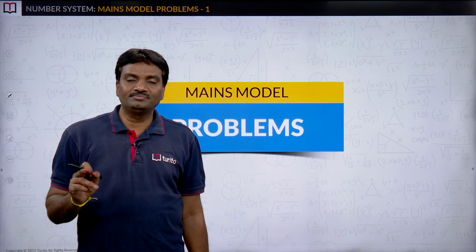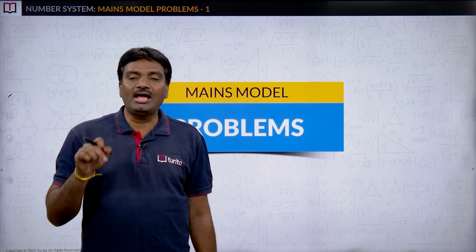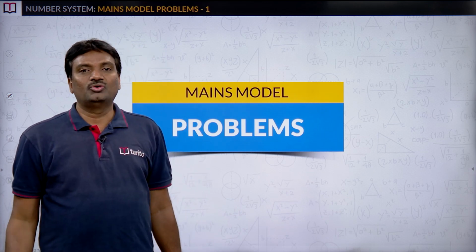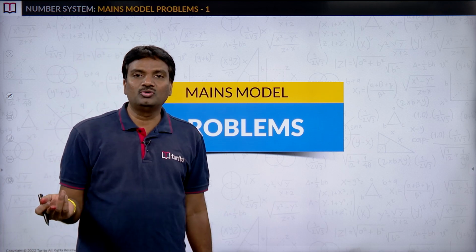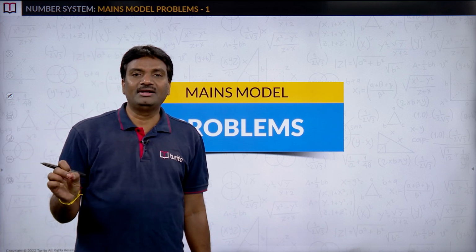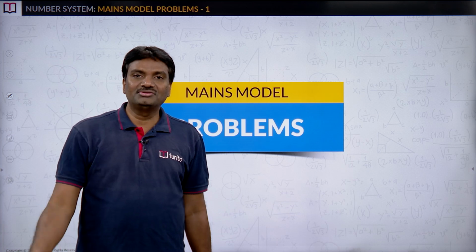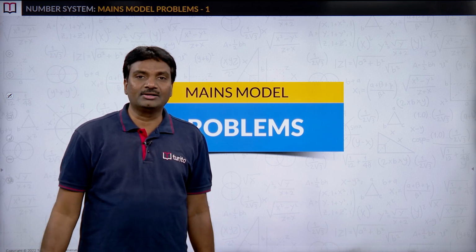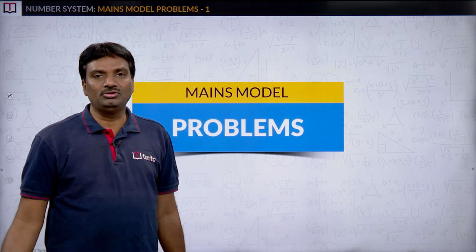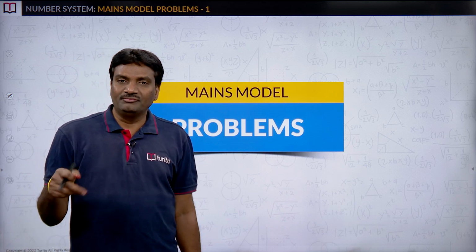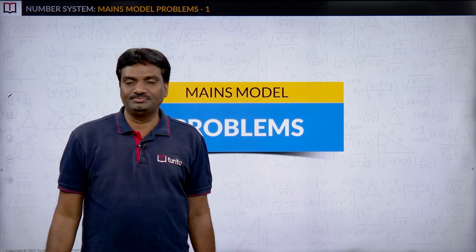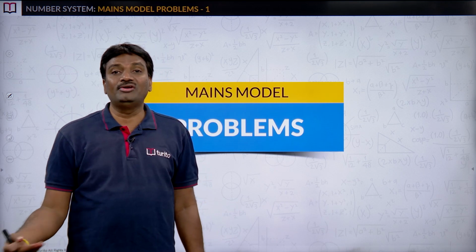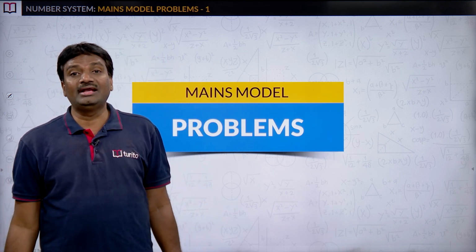So, be careful. In the Mains model exam we have negative marks. Negative marks means if you do not know the answer, it is better to leave it. If you guess the option of some particular question whose solution you do not know, then if that is correct you will get marks, and if it is not correct you will lose marks. They are called negative marks.